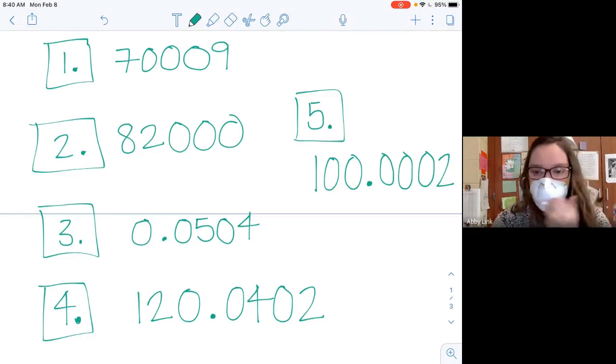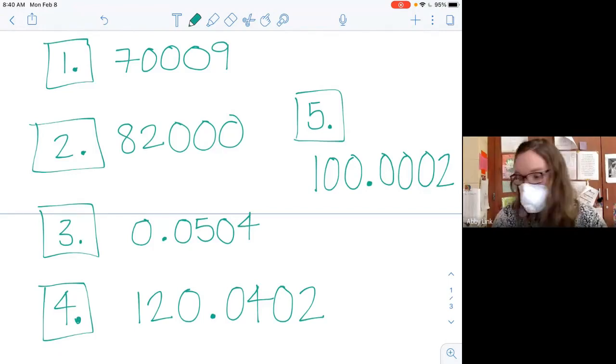All right, guys, I'll go ahead and give you a minute or two to work on these 5. And then we'll ask for some volunteers to help me out with figuring this out.